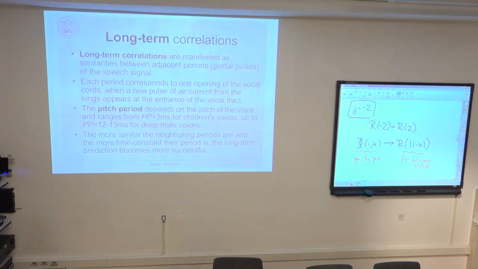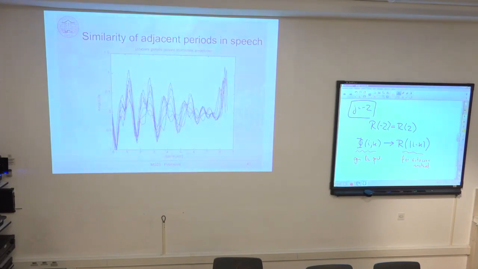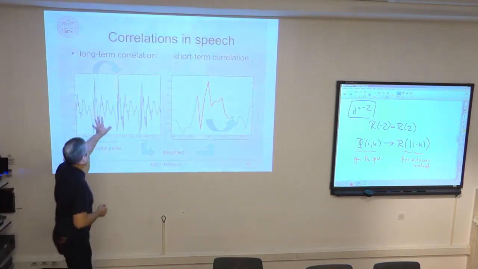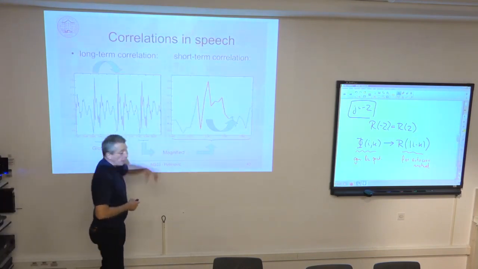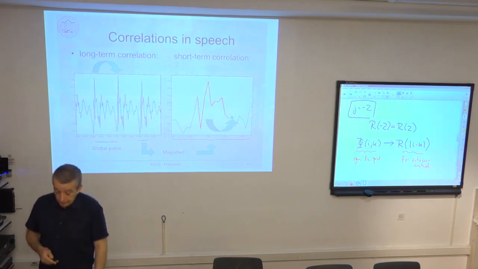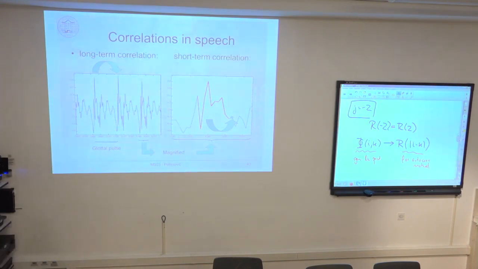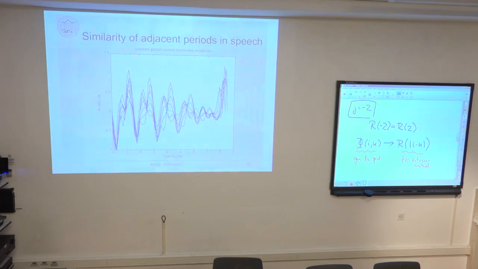Okay, now we have said that, just to show you how successive glottal pulses are similar, if I extract neighboring periods, this period, this period, this period, and align them at the beginning, I would get some kind of overlap plot.